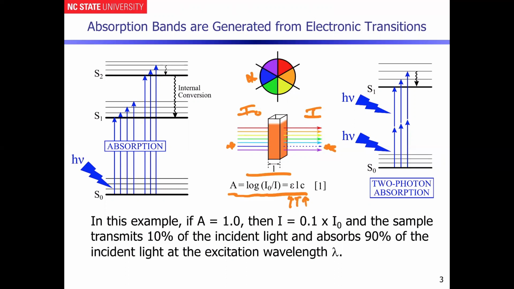So the typical way that you evaluate extinction coefficients is you use a constant path length cell, typically 1 centimeter. And then you can systematically change the concentration of the sample, which then changes the absorbance. And then the absorbance is directly proportional to the extinction coefficient.